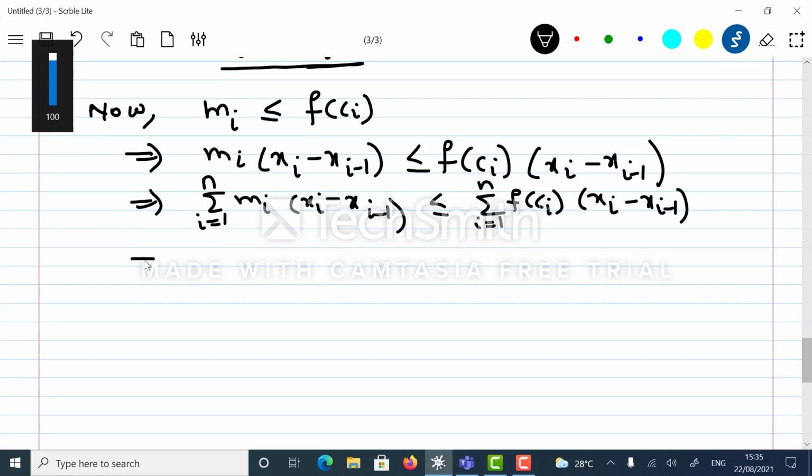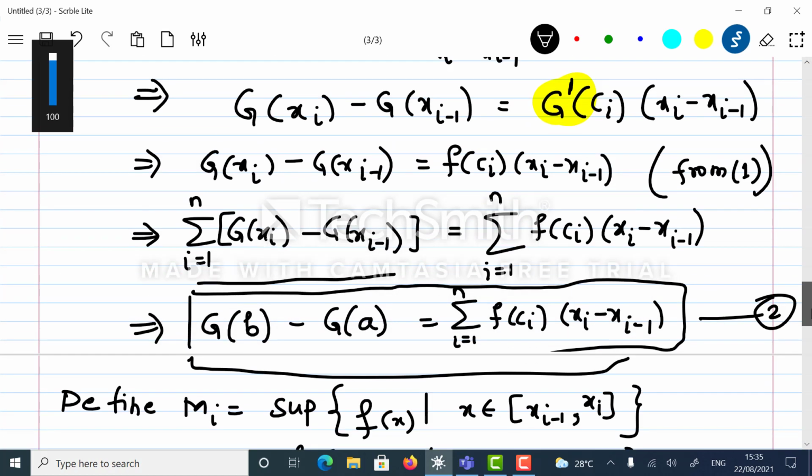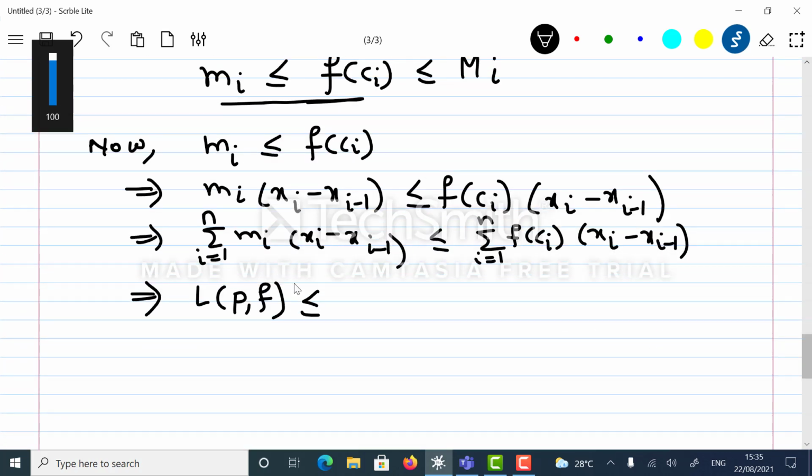Now this is my L(P,f), and this is less than or equal to, I know this term, because number 2 says that it is g of b minus g of a.